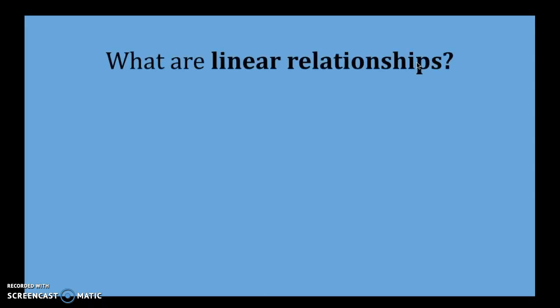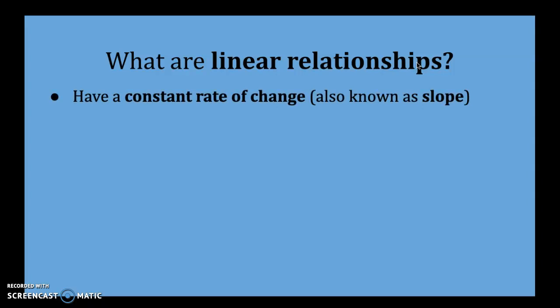So what are those linear relationships again, just to remind you? They have a constant rate of change, meaning, with every hour that goes by, it's always increasing by 5 degrees outside, which we know is not really a true example, since temperature doesn't happen like that normally.